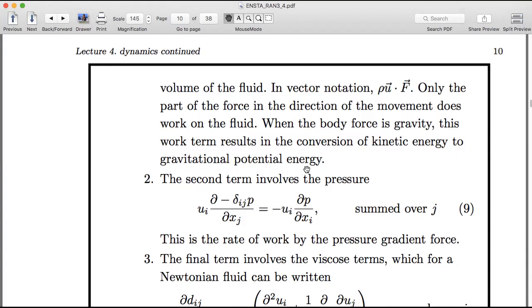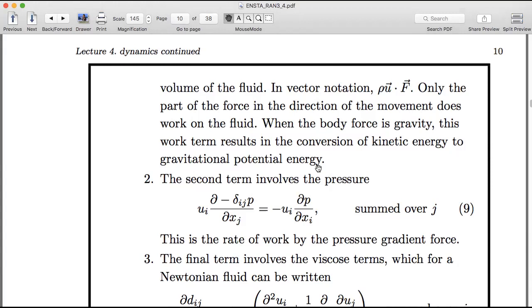And because, remember we talked about conservative forces, and we said that gravity was an example of a conservative force, which means that we can write it in terms of the gradient of a potential. We usually put a minus sign.